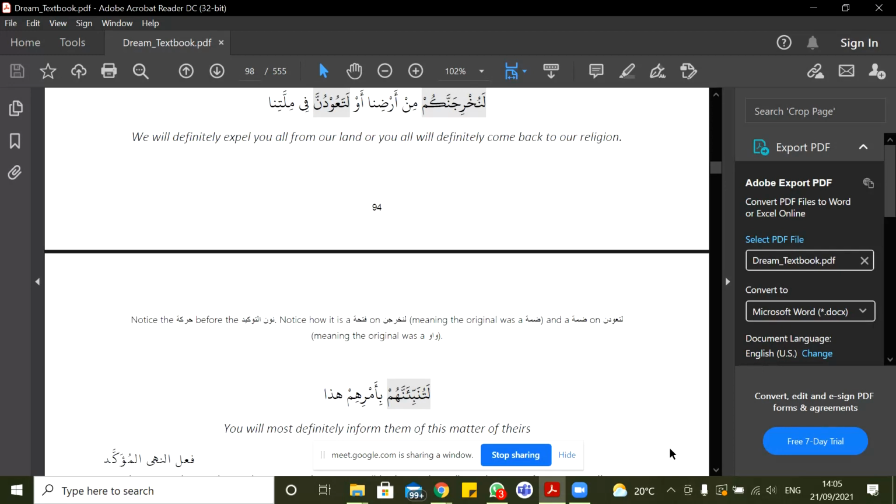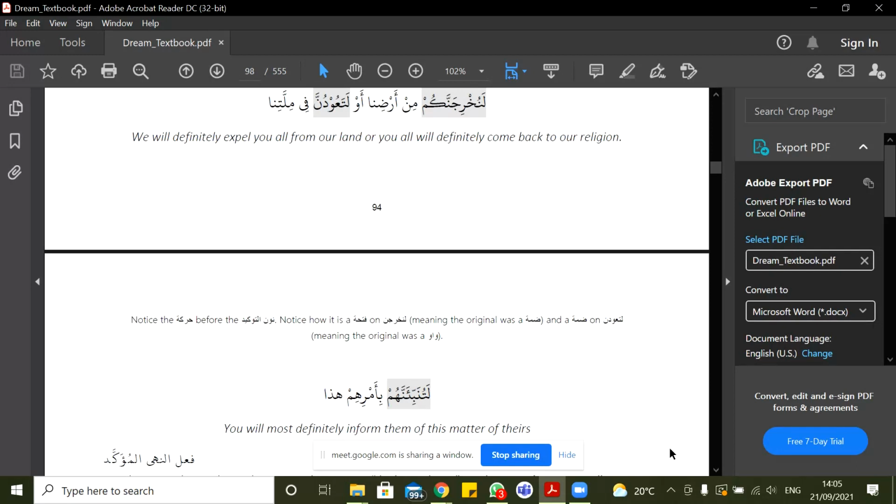So the shadda on ta'udunna is because of the waw, because the dhamma sound and the waw sound are similar. Yeah, so we have the dunna ending because of the una ending of the antum.